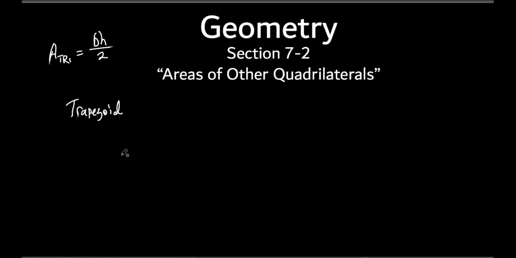The area of a trapezoid is very similar to the area of a triangle, except the trapezoid has how many bases? It's got 2 bases, doesn't it? So, how many heights does a trapezoid have? It's got 1 height. It's got the same height because these 2 lines are what?